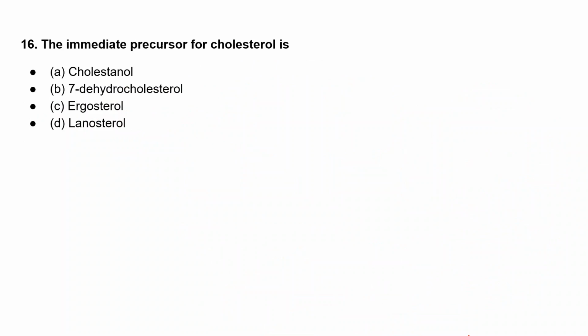And the next question is: the immediate precursor for cholesterol is: option A is cholesterol, option B is 7 dehydrocholesterol, option C is ergosterol, and option D is lanosterol. So what is the immediate precursor for cholesterol? Anyone? Lanosterol, ma'am.